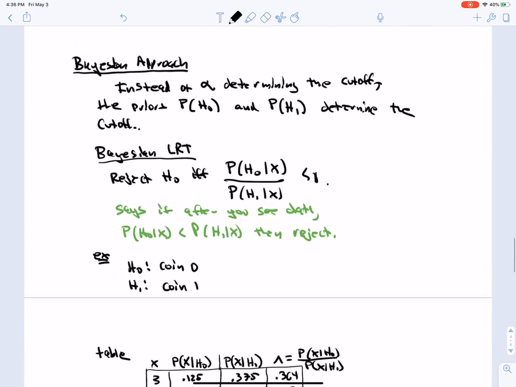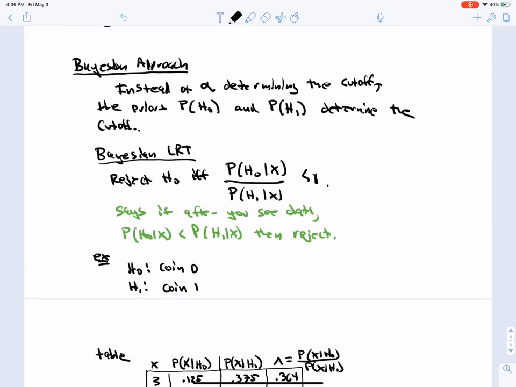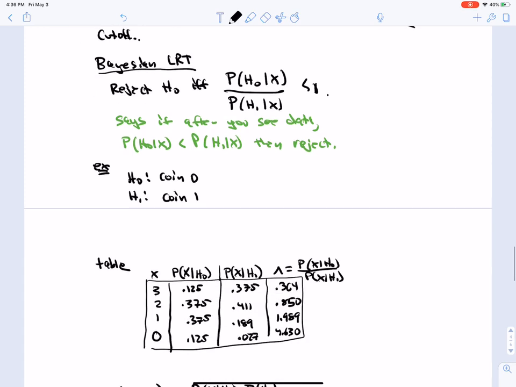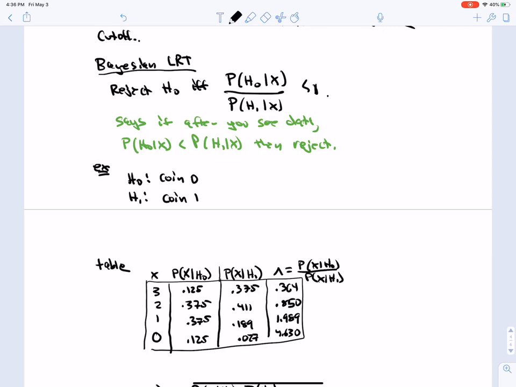Now, in the Bayesian approach, instead of alpha determining the cutoff, the priors, the probability that you have the fair coin and the probability that you don't have the fair coin, determine the cutoff. So the Bayesian LRT is that we reject the null if the posterior ratio is less than 1.